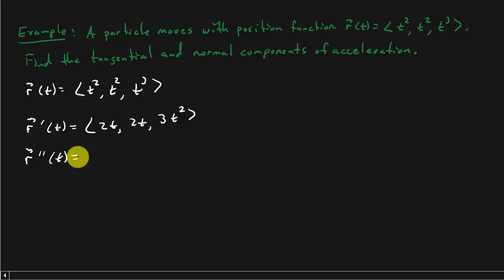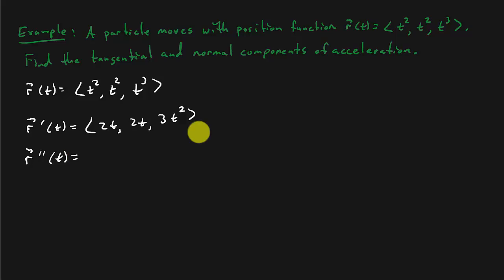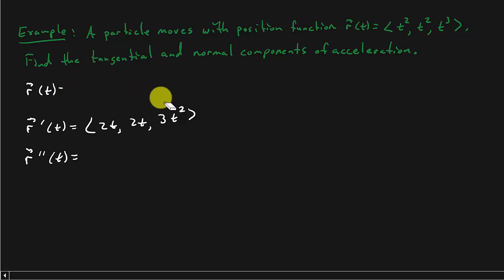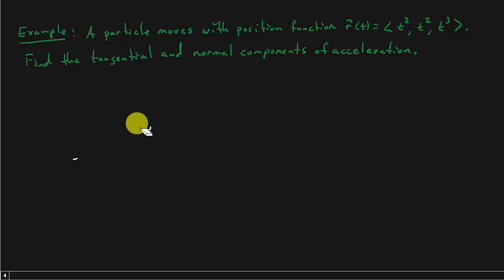Let's do this. I'm sorry. If you're taking notes, I apologize for you having to erase a little bit. Let's do this as t squared i plus t squared j plus t cubed.